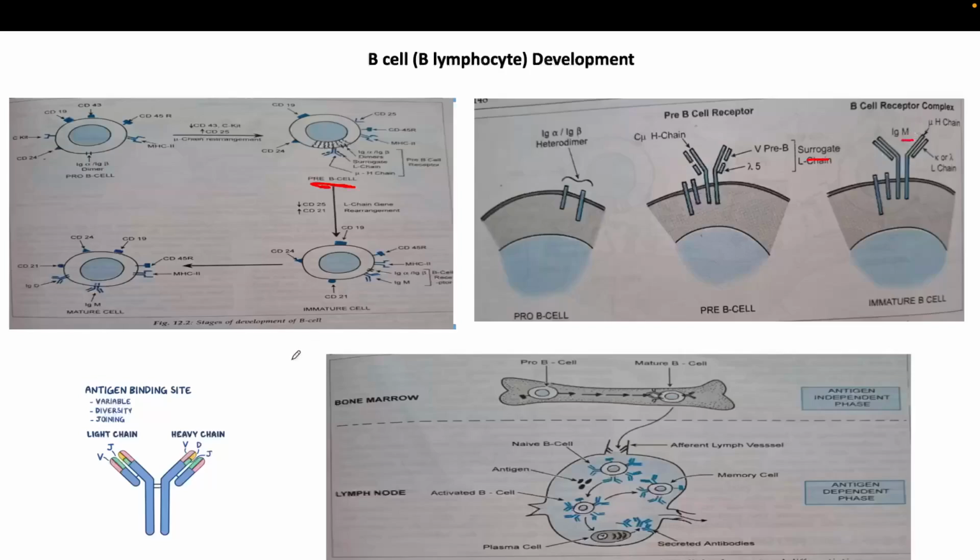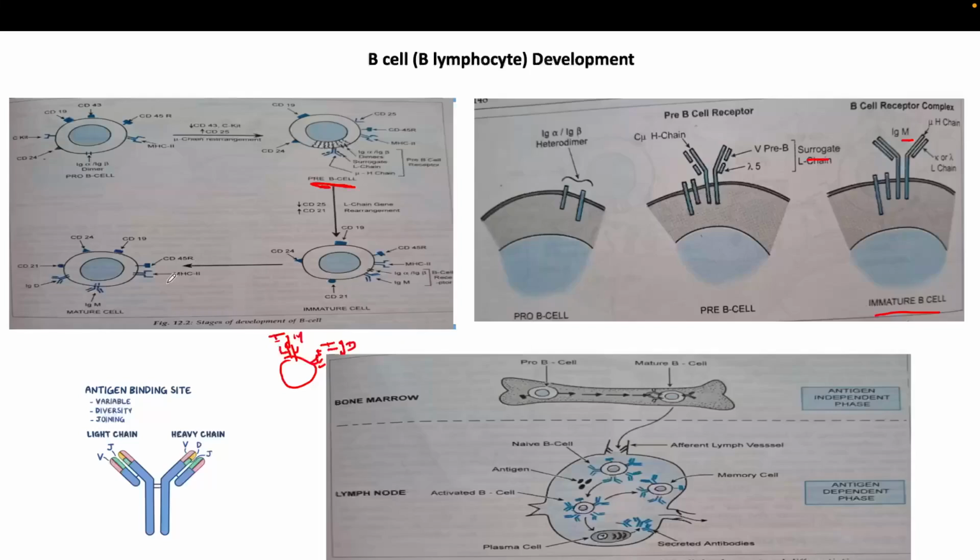We know that the B cell has two types of antibody: the first is IgM and the other is IgD. We read that in the previous class. Firstly IgM is produced, and once IgM is produced it is called the immature B cell, because the IgD is still not produced.